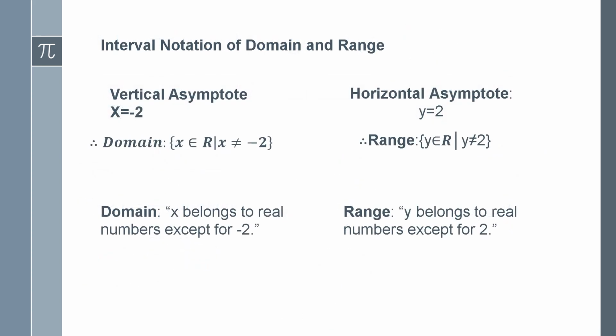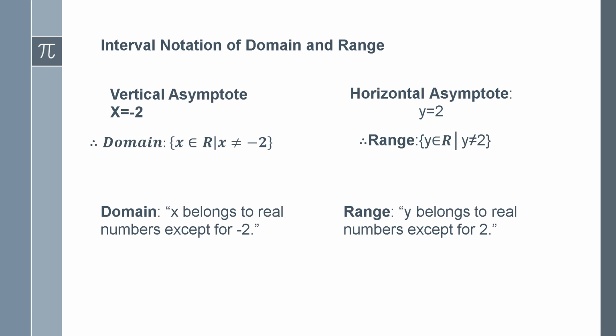But before we plot the domain and range sa Cartesian plane, let's determine the interval notation of domain and range. Ang sabi ko kanina, ang kailangan nating malaman para ma-determine natin yung set ng values ng domain and range is the restrictions nila. Again, the restricted value in the domain is the vertical asymptote, while the restricted value in the range or the set of range is the horizontal asymptote.